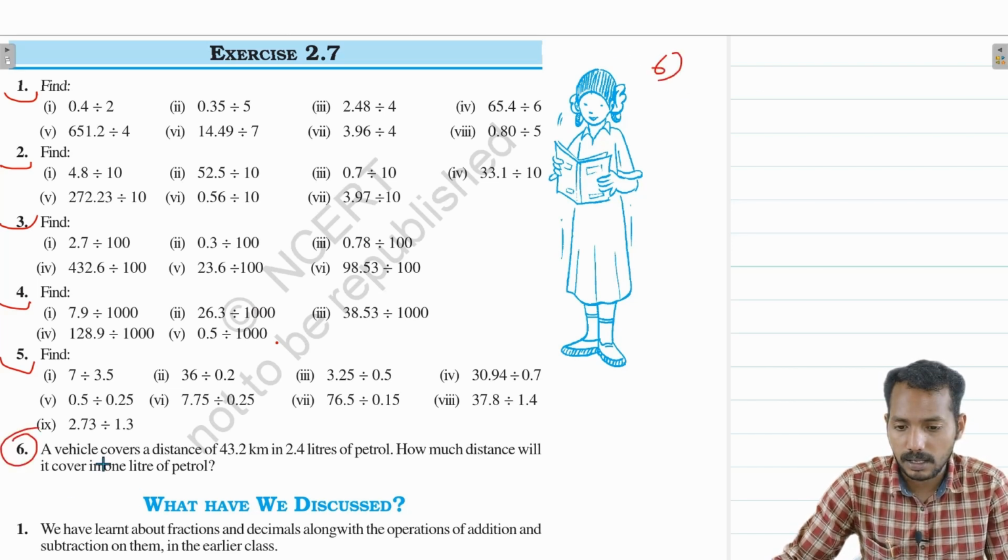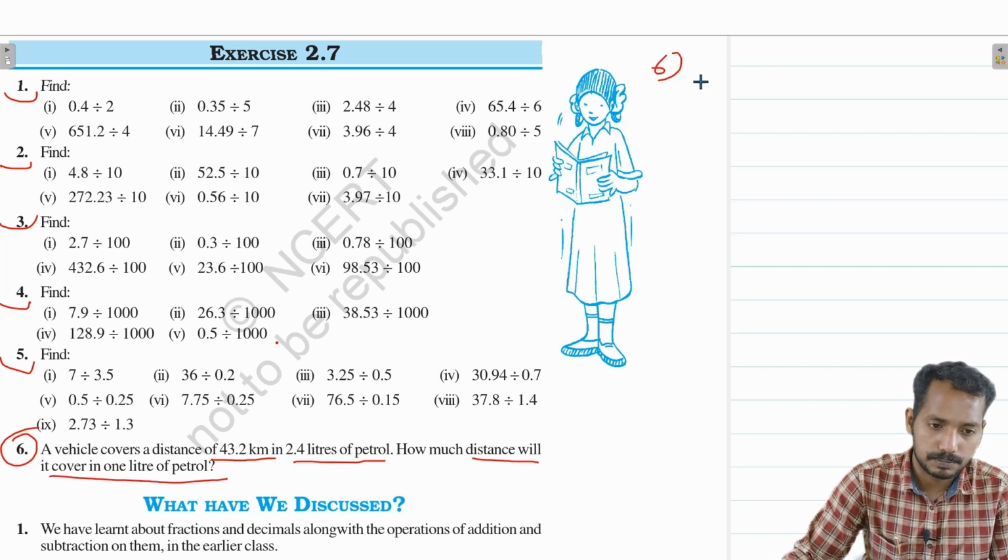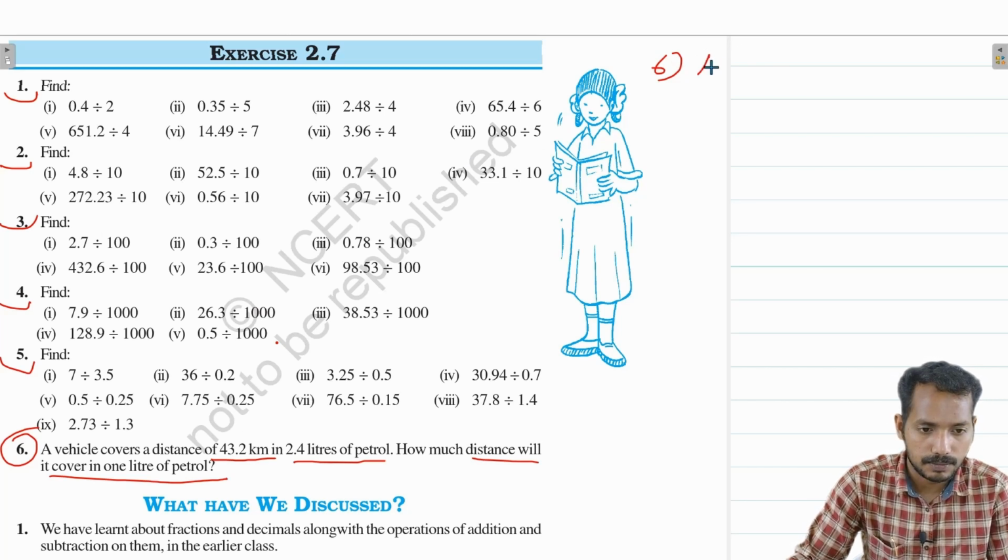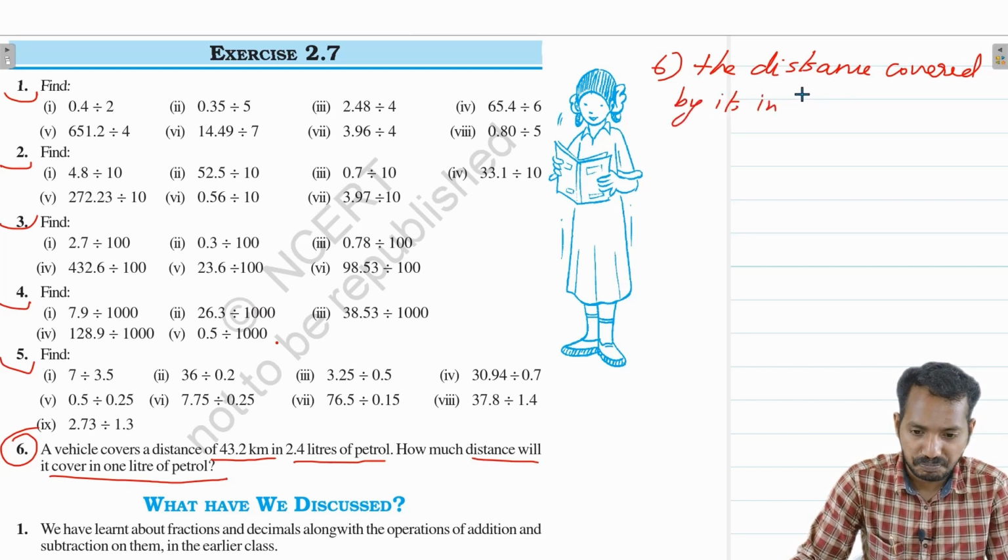A vehicle covers a distance of 43.2 km in 2.4 liters of petrol. What distance will it cover in 1 liter of petrol?